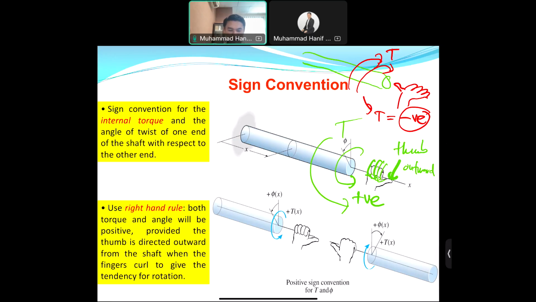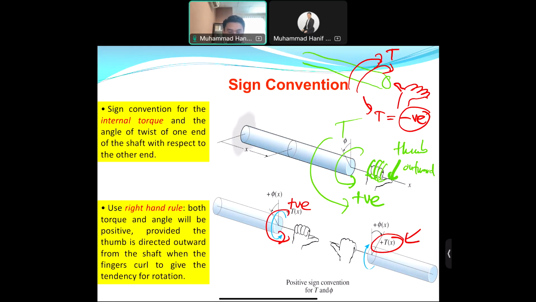Use the right-hand rule. Don't use the left, use the right. Both torque and angle will be positive if the thumb is upward. If the other way around, it will be negative, as I have shown.